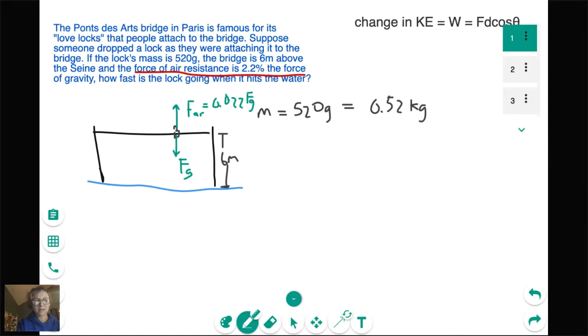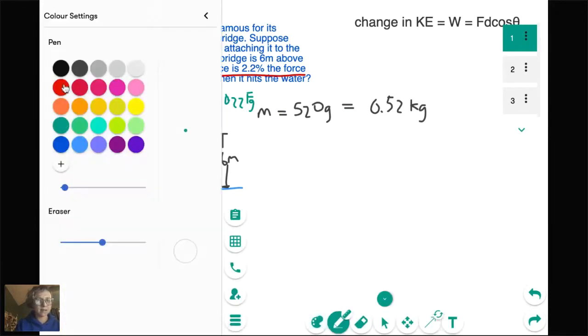In this case, I'm going to find the net force because it's just easier. I've got only two forces. They are parallel to each other. I don't have to do anything really with vectors here other than remember that I should be subtracting them because they're in opposite directions.